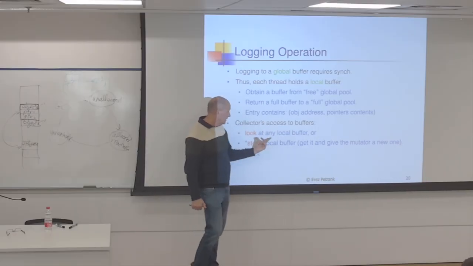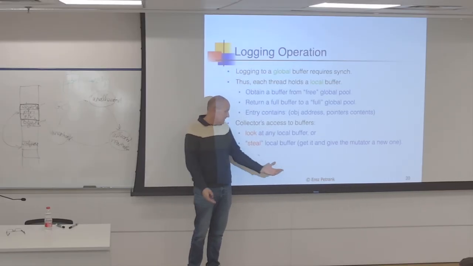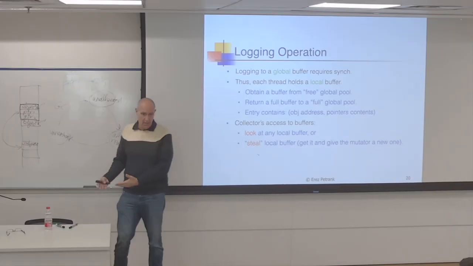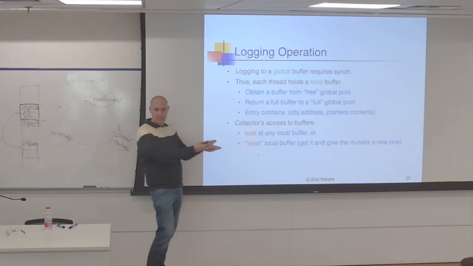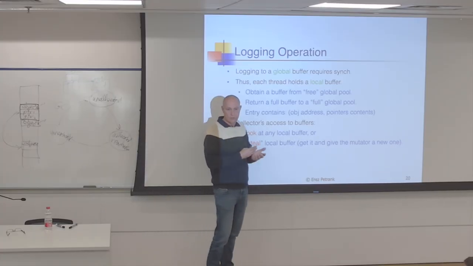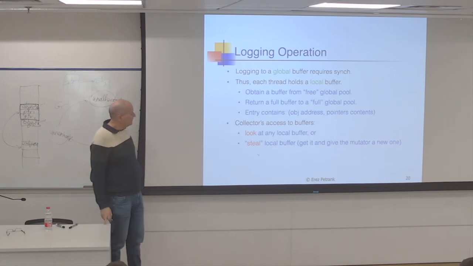So the collector can look at any local buffer if it wants in order to trace by its content, or it can actually steal a local buffer. It says, you're the thread, I now take your buffer, get a new one if you want to go on logging stuff. That's what will be needed.